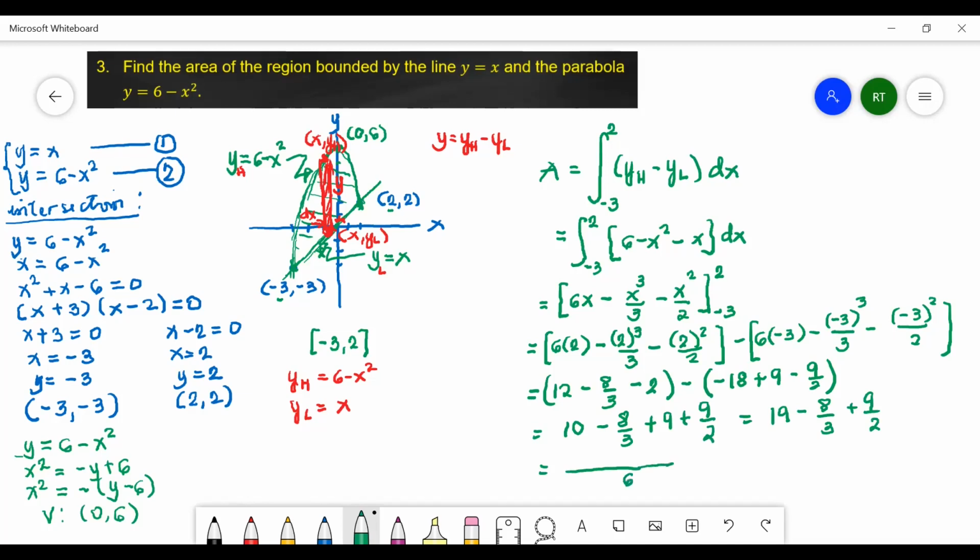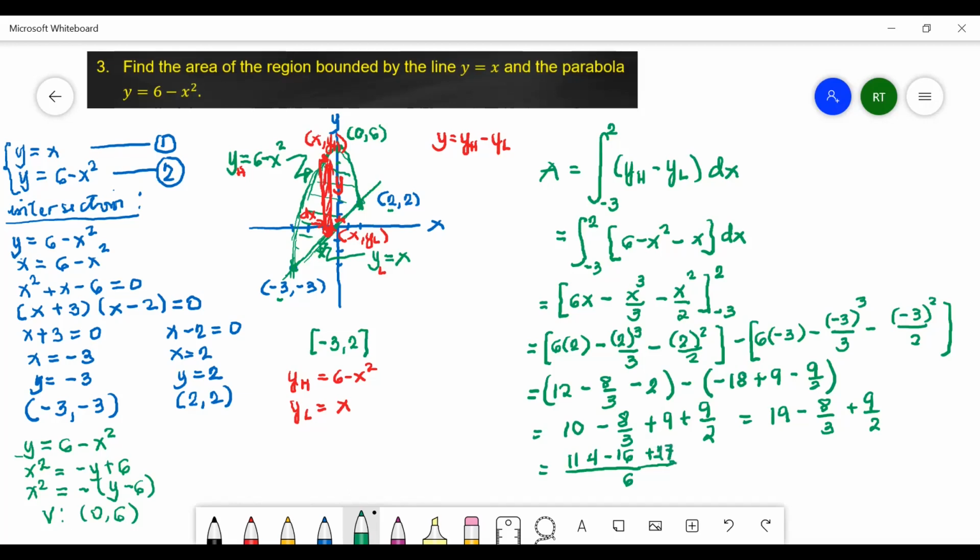Okay, if we multiply 19 by the common denominator 6, that will give us 114. Then 114 minus 6 by 3 will give us 2 times 8, which is 16. Then plus 6 by 2 will give us 3, and 3 times 9 is 27.